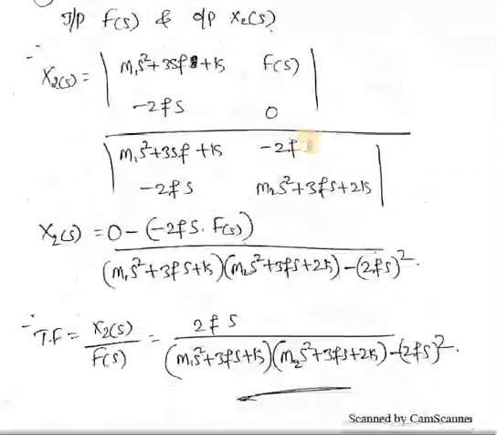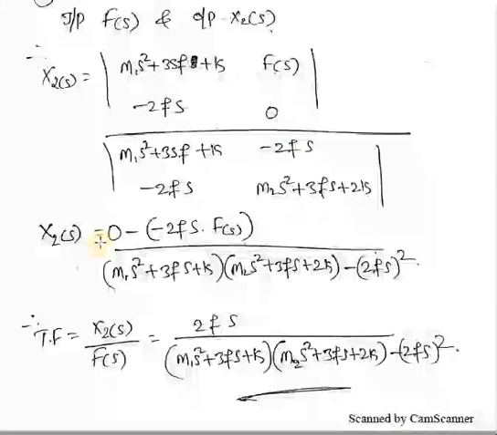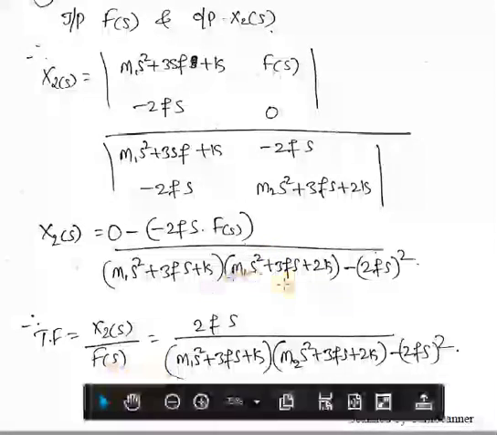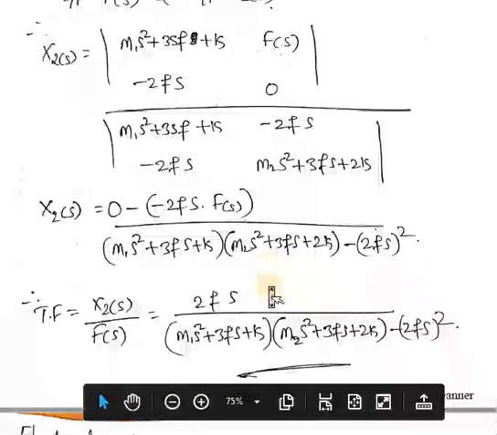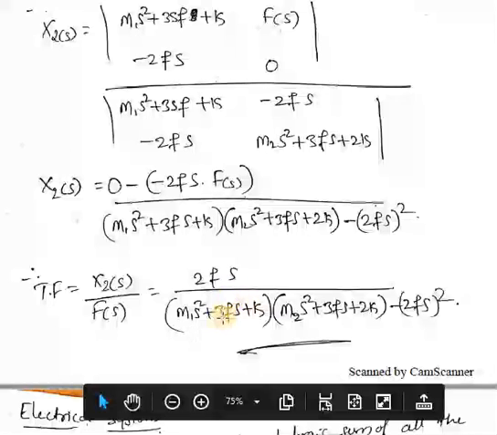So take the determinant and simplify: in the numerator, this into this will be 0, minus this into this will be minus 2fs into f of s. Here the output is x2 of s and the input is f of s. So get that ratio, and you will get the transfer function as 2fs divided by (m1 s square plus 3fs plus k) into (m2 s square plus 3fs plus 2k) minus (2fs) whole square.